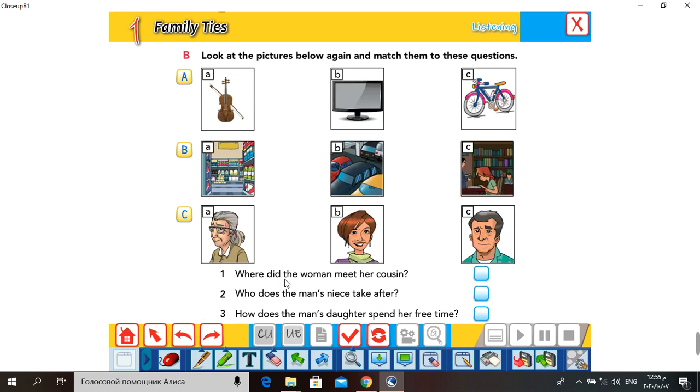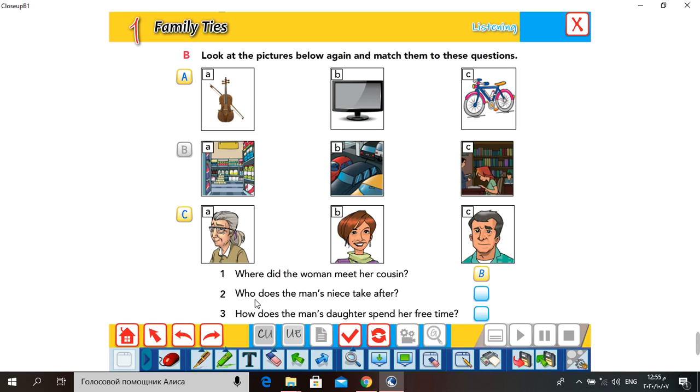Number 1, where did the woman meet her cousin? Number 1 is asking about a place using where, so we should match this to, yes, B. Number 2, who does the man's niece take after?